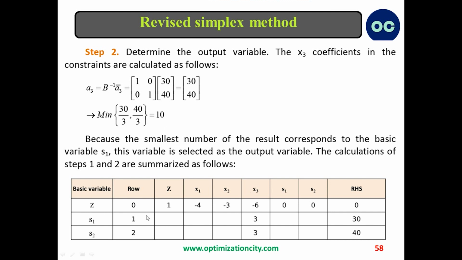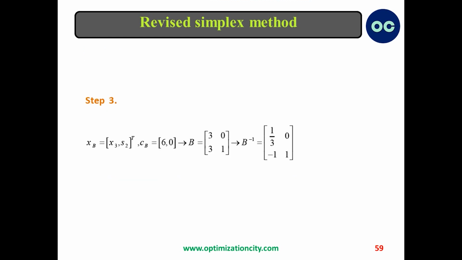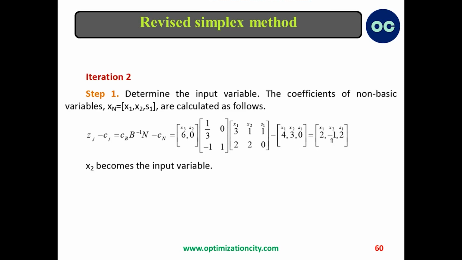And this is the calculation of the rest of the table we need to pursue the revised simplex method. In step 3, we calculate the new B inverse and x_B. Because x3 is the input variable and S1 is the output variable, the basic variables for the new iteration are as follows. Let's go to the next iteration.